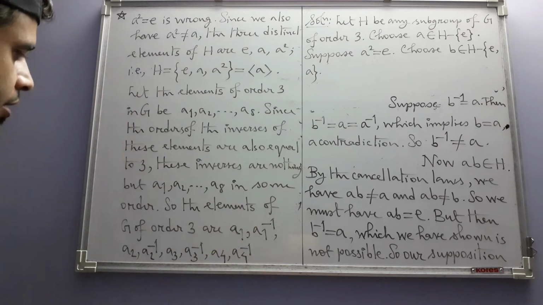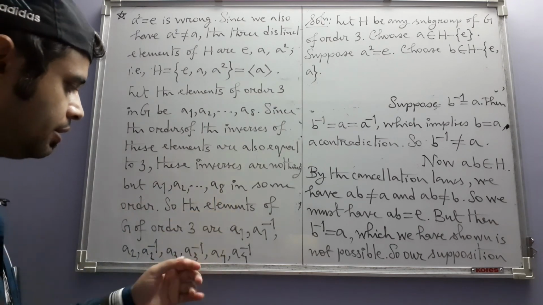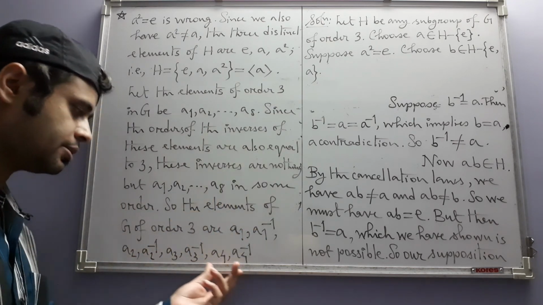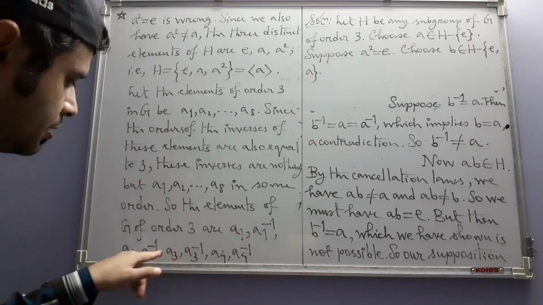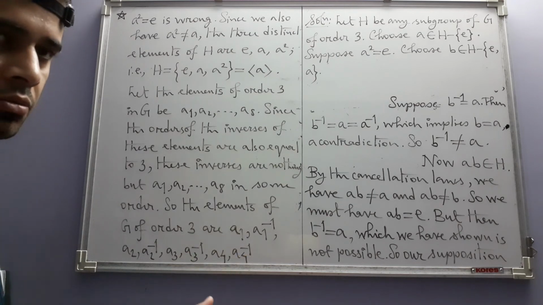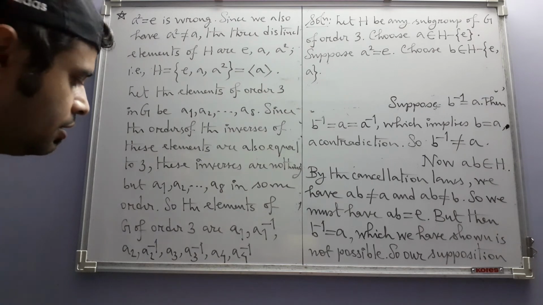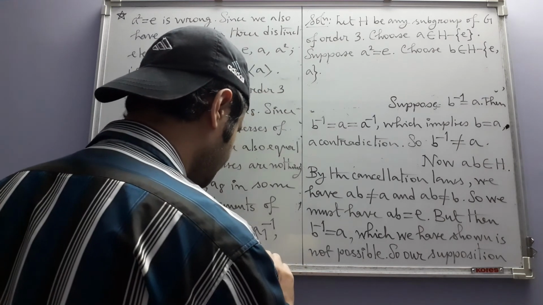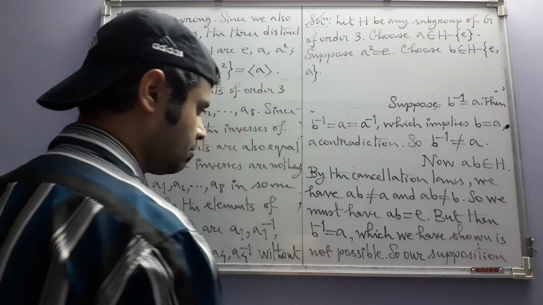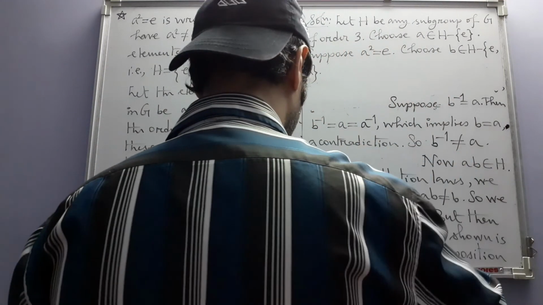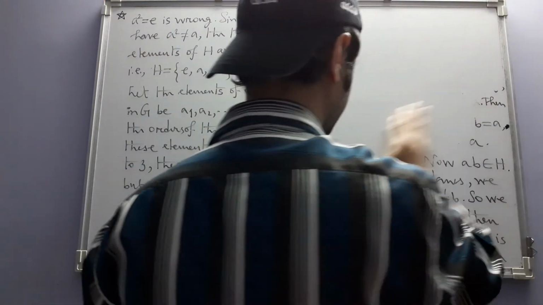It may not be the case that in this order in which you are seeing the elements actually give you these distinct elements, but of course we will find such pairs of an element and its inverse, and we can rearrange them if we need. So here we write without loss of generality.